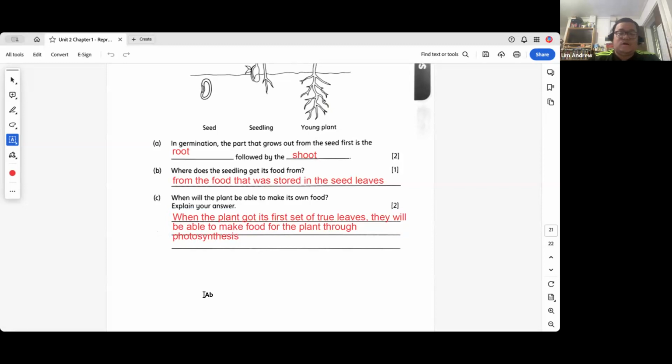So when the plant has its first set of true leaves, the plant will be able to make its own food through photosynthesis.